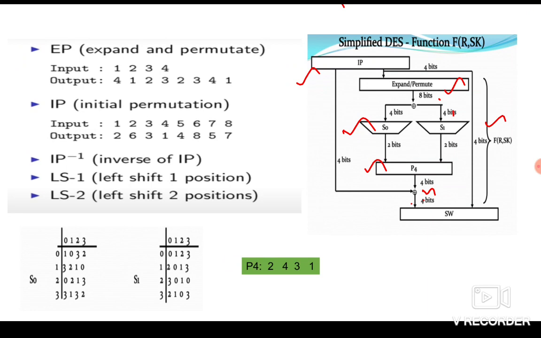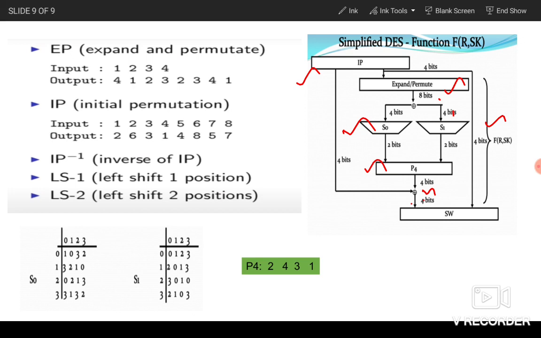So substitution and transposition are used in the function. They are the components of the function fk. EP is nothing but expand and permute, that is, the bits are expanded as well as rearranged. For example, if the input is 1 2 3 4, the contents are rearranged.